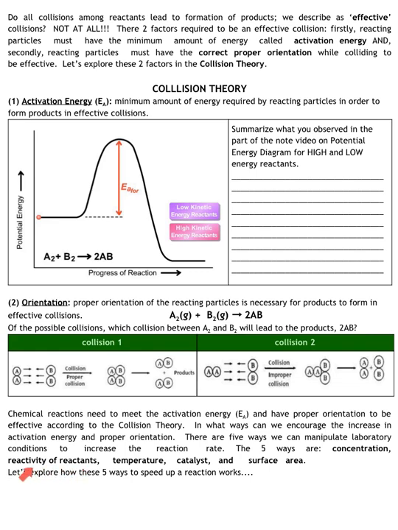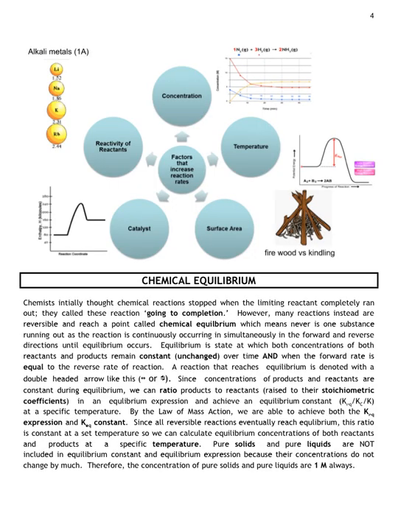We can pick reactants that are more reactive. We can manipulate temperature, add a catalyst, and change the surface area of our reactants. So let's go to the next page to explore these 5 ways we can speed up a reaction.